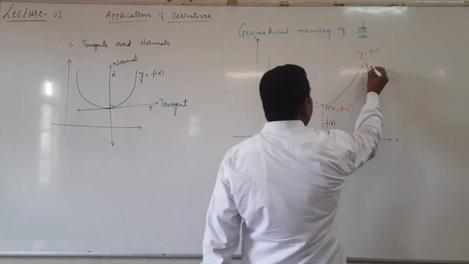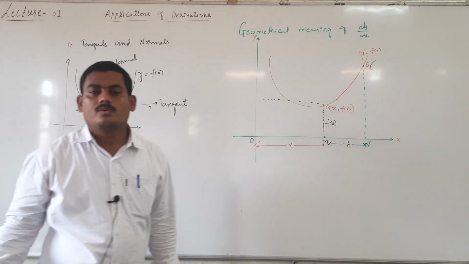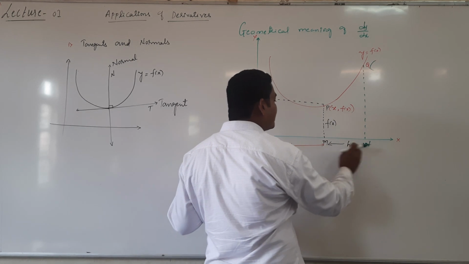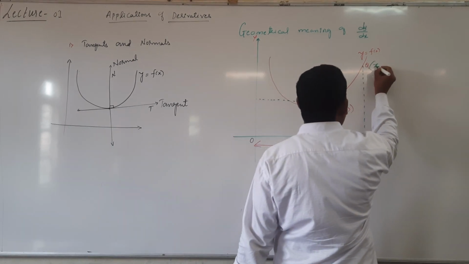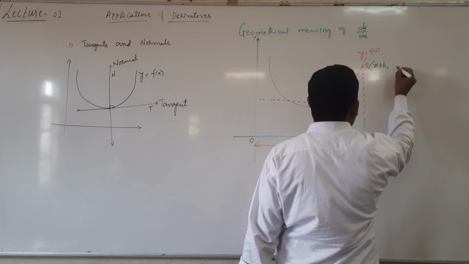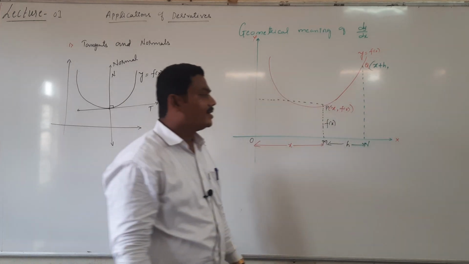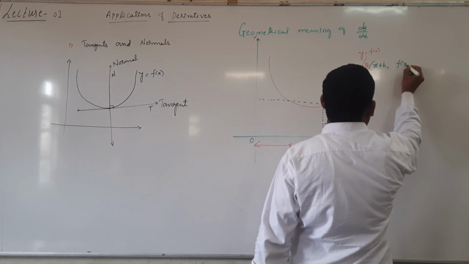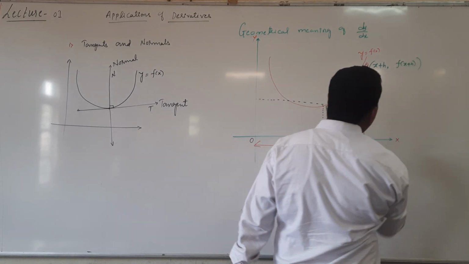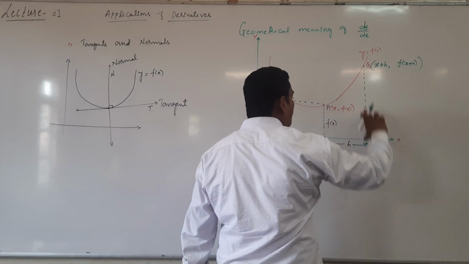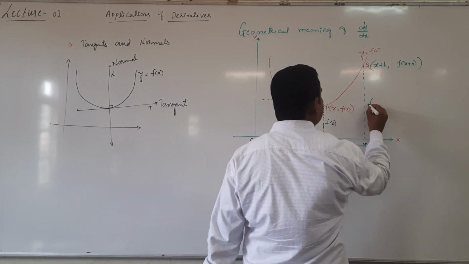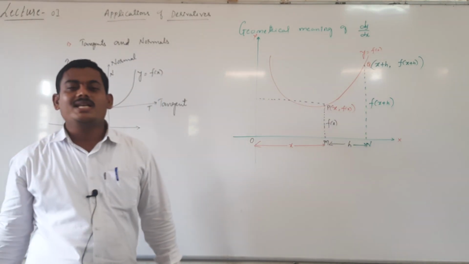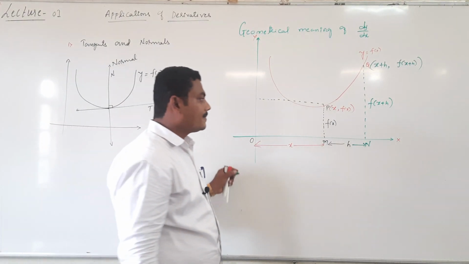Now tell me, what are the coordinates of point Q? This is x, this is h, so x plus h is the x coordinate of Q. Then what is the y coordinate? f of x plus h is the y coordinate. This length qn is f of x plus h, the vertical distance and horizontal distance.